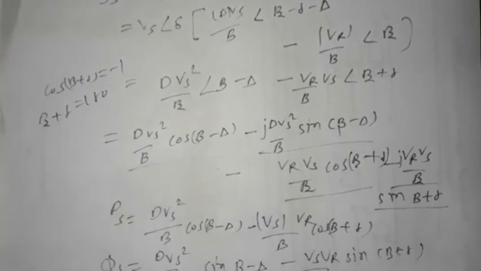So now we put the condition beta plus delta equal to 180 in our active power equation and reactive power equation.